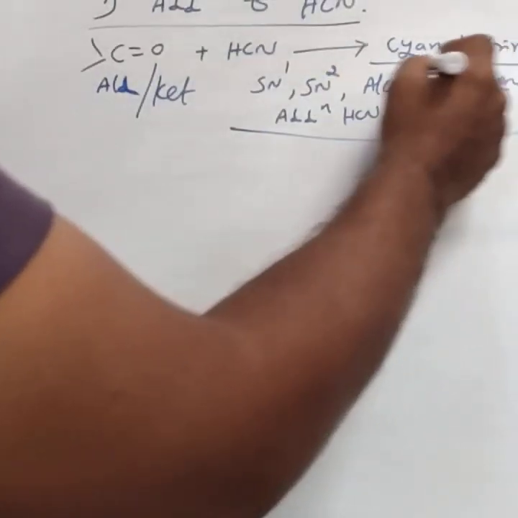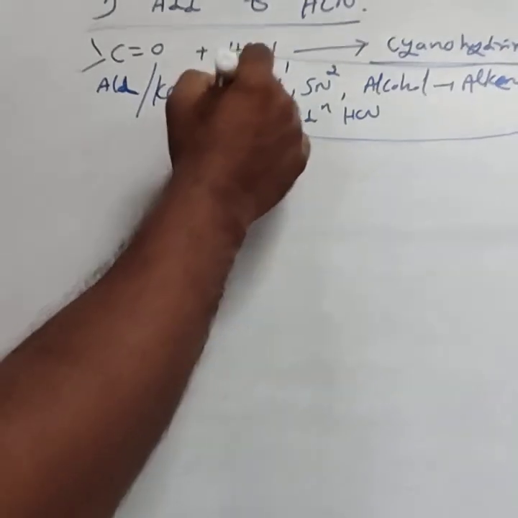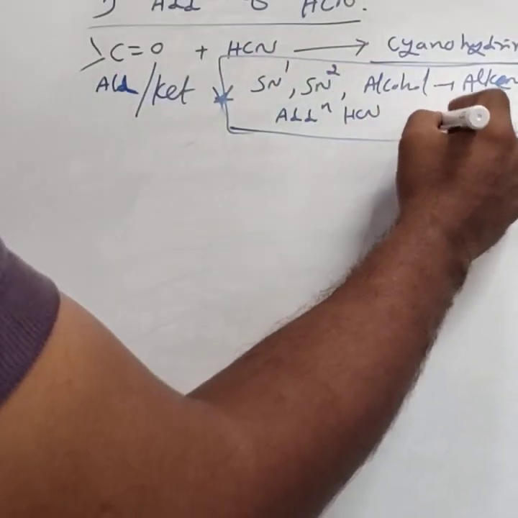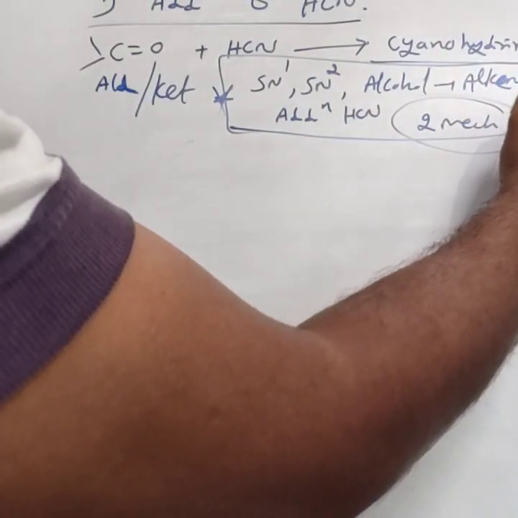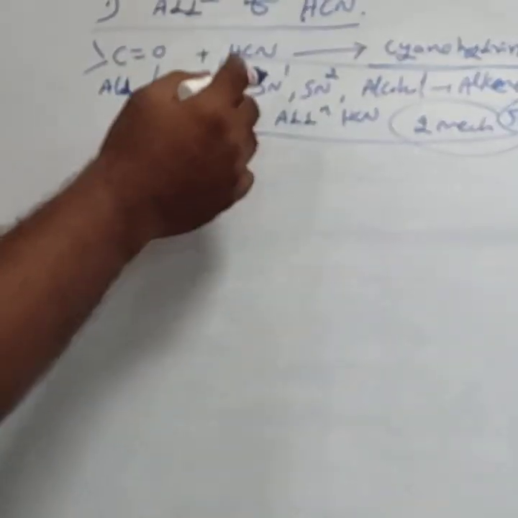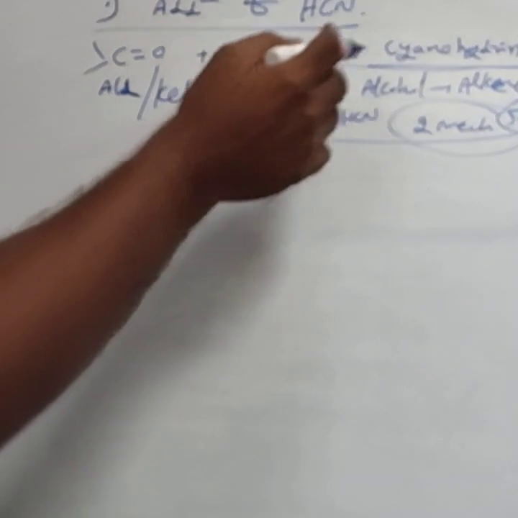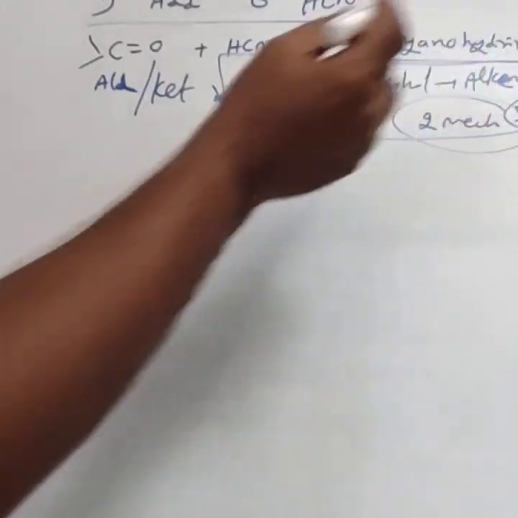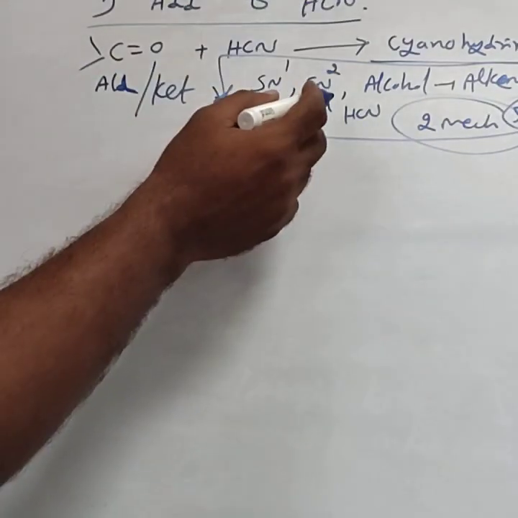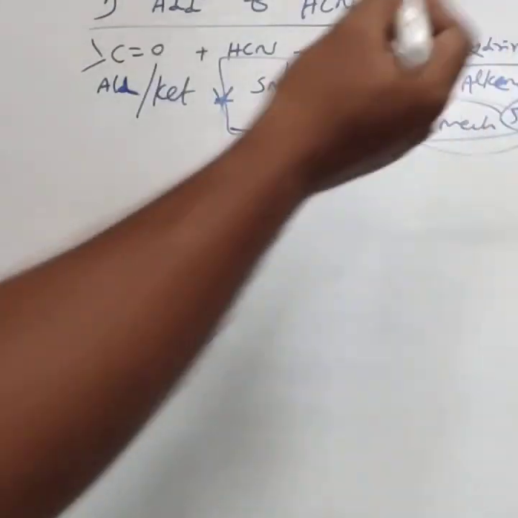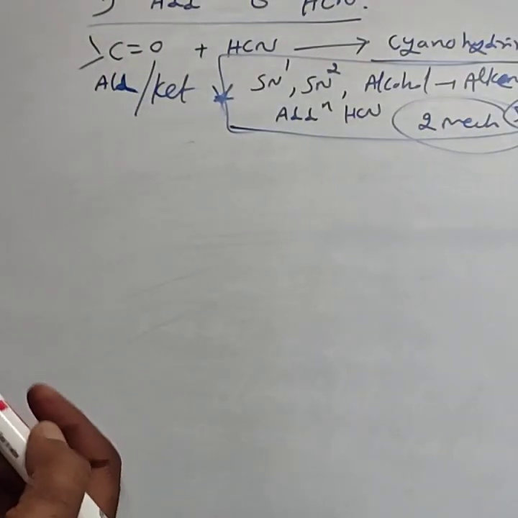Out of these four mechanisms, generally they can ask two mechanisms, which carry nearly 5 marks. If you study SN1, SN2, alcohol to alkene mechanism and addition of HCN, then definitely in your board exam you can get the 5 marks easily.